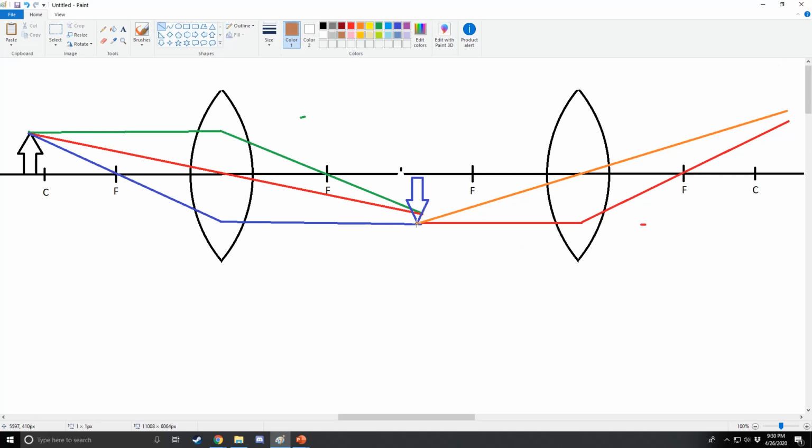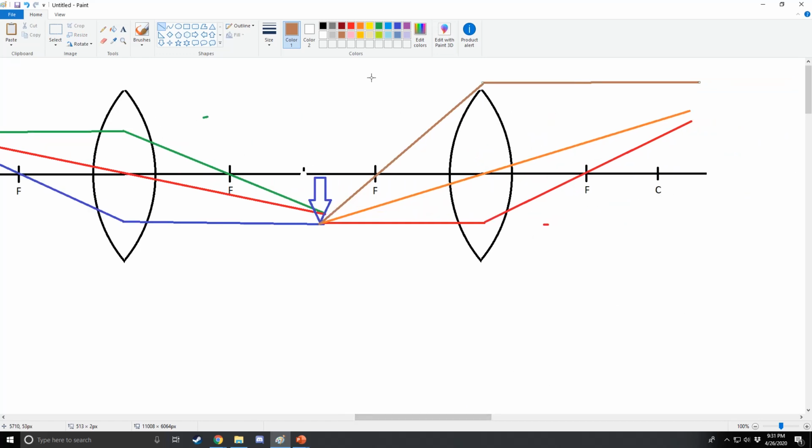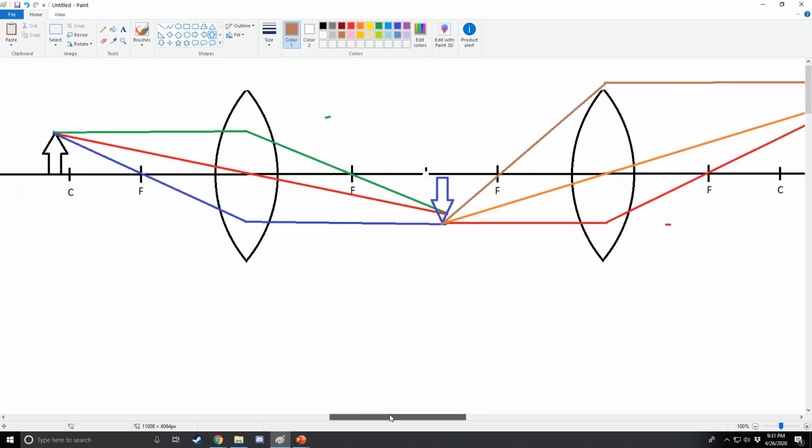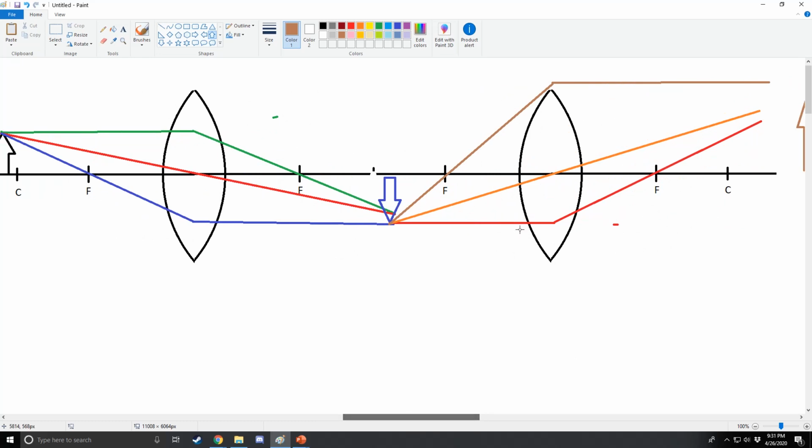And then through the focal point, and then parallel. If I extend this out, it's most likely going to cross somewhere around here, I would say. Say right there.